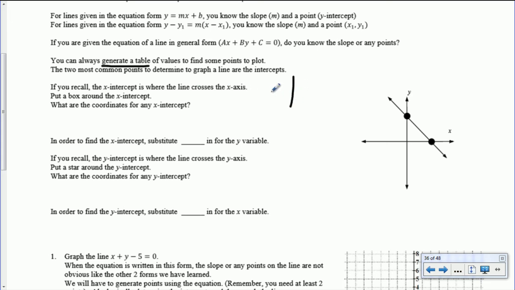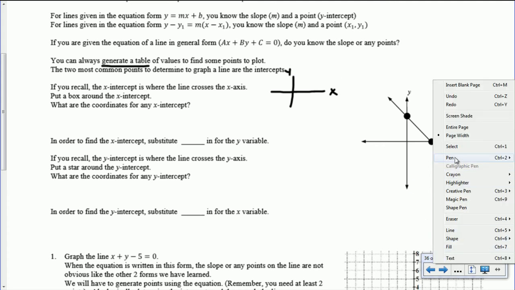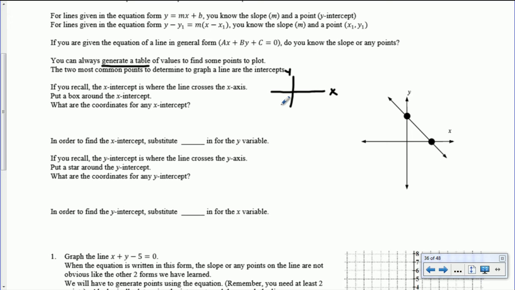So, for example, that's the x-intercept. Okay, so put a box around the x-intercept. That's that one, right? What are the coordinates? So what is the y value when the graph crosses the x-axis? It's 0. So it'll be x comma 0.